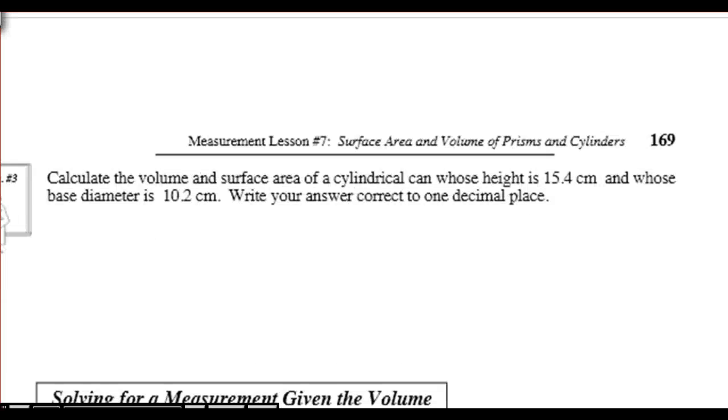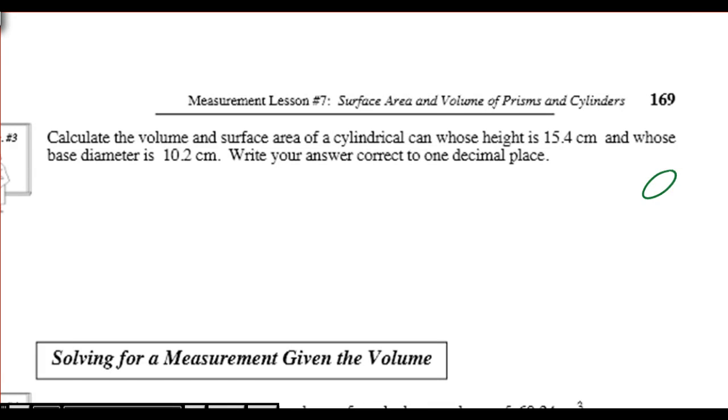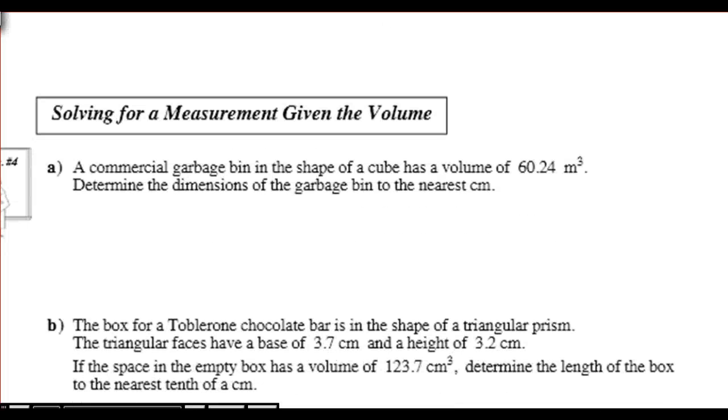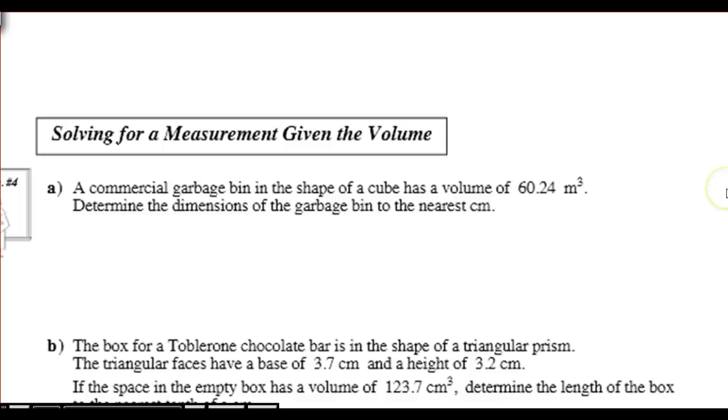Okay, let's do a couple of these harder questions. You can try this one here, and I'm going to jump on to a few of these down here. So, solving for a measurement given the volume. A commercial garbage bin in the shape of a cube has a volume of 60.24 meters cubed. Determine the dimensions of the garbage bin.